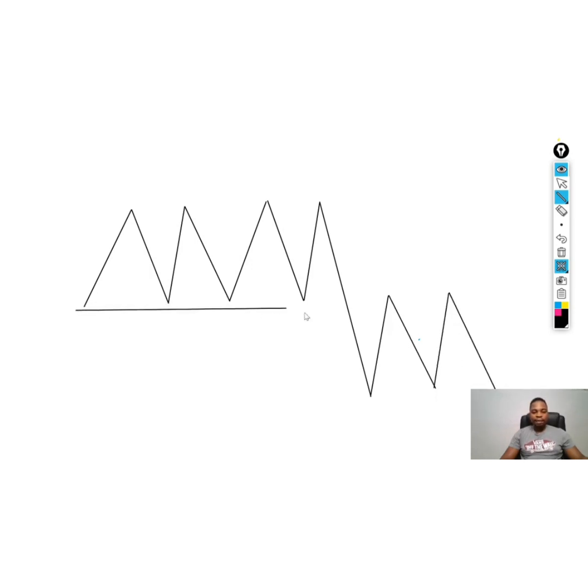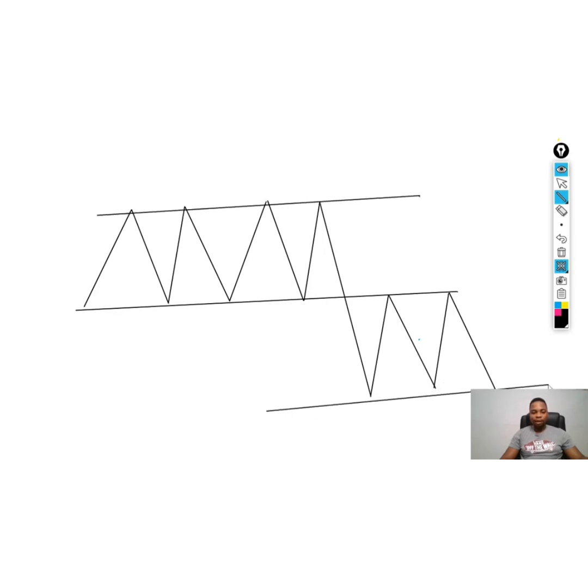We can establish that we had this line here, and this line here, and we now have the new line here. We had the major resistance level here, and major support levels.